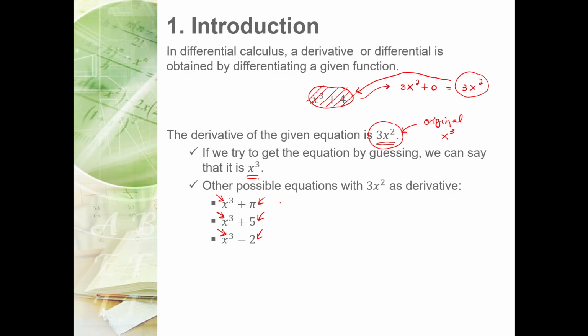So there are many possibilities you can get by taking the integral. Our finding is that the different constants have the same derivative. Regardless of what particular constant we have, pi or -2, the resulting derivative is the same because the first terms are all x cubed. Take note that the possible equations are not the same as the original equation, but we are basing it on the given derivative.